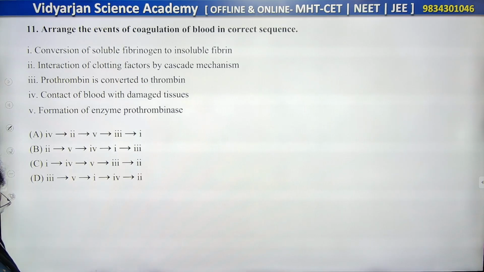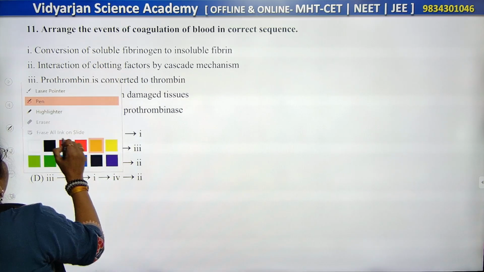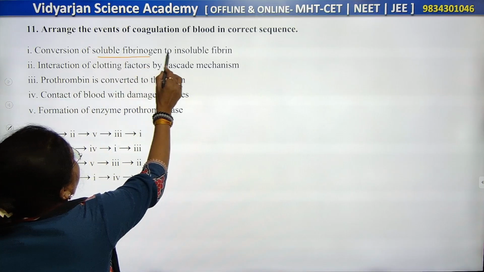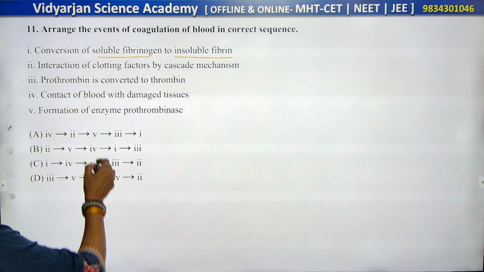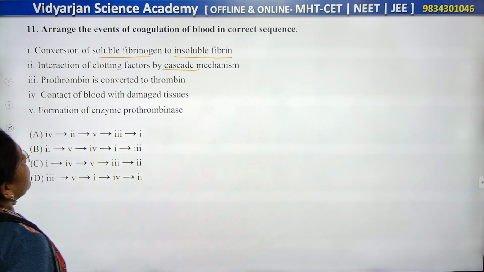Next question. Arrange the events of coagulation of the blood in the correct sequence. We should know the correct sequence here. Number 1, conversion of soluble fibrinogen into insoluble fibrin. Second is interaction of clotting factors into cascade mechanism.